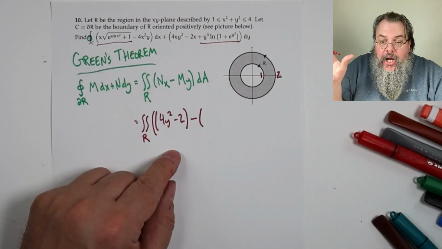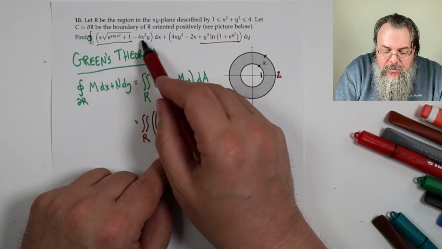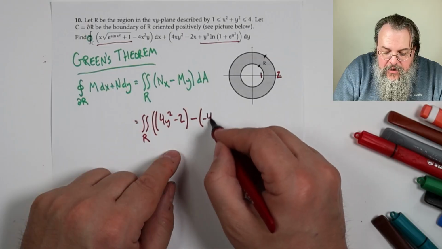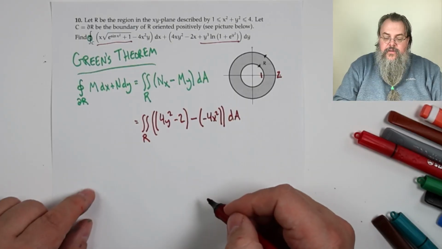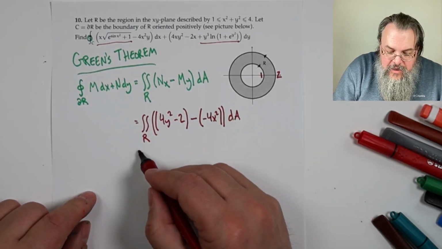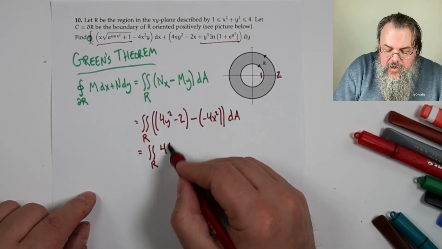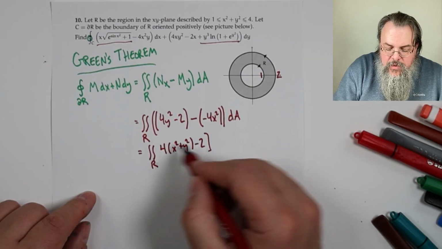No y's. Gone. And now here's this derivative, 4x squared is constant, and so derivative with respect to y is minus 4x squared. And so all of a sudden, this integral already feels a lot better. It becomes 4 times x squared plus y squared minus 2.